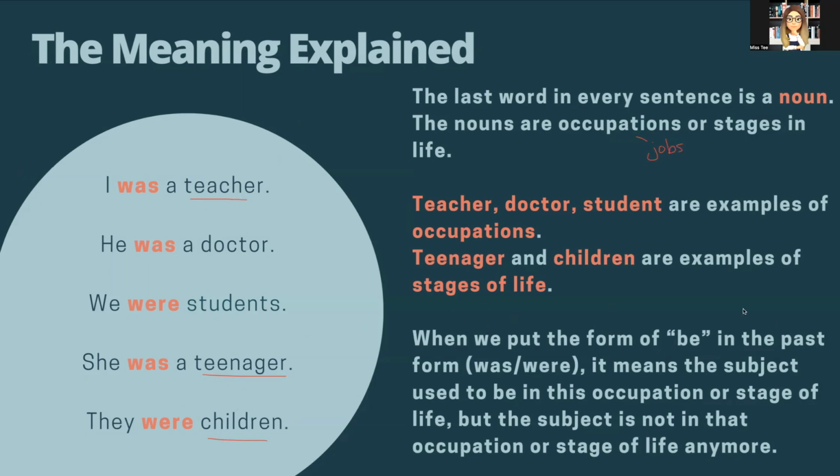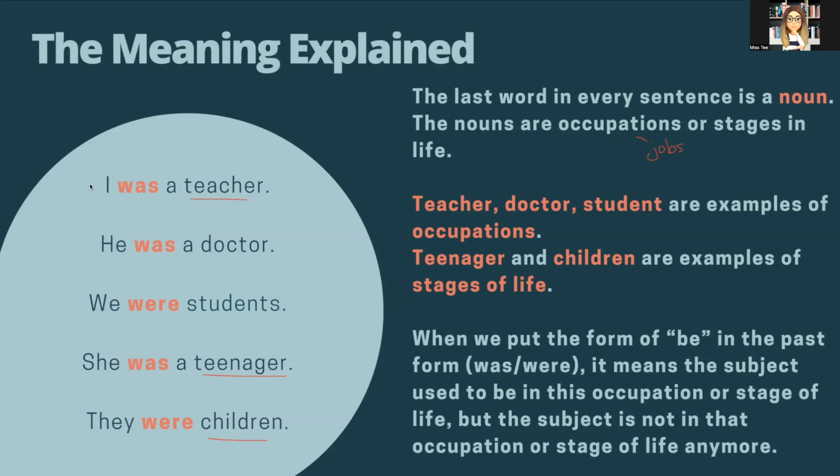When we put the form of be in the past form, was or were, before these words, it means the subject used to be in this occupation or stage of life, but the subject is not in that occupation or stage of life anymore. So if I say, I was a teacher, it means in the past, that was my job, a teacher. But now I am not a teacher anymore. We say he was a doctor. This means in the past, he was a doctor, but now he is not a doctor anymore. Maybe he is retired.